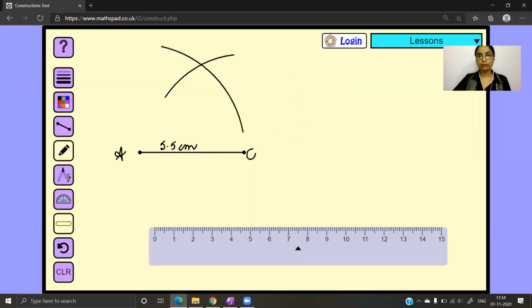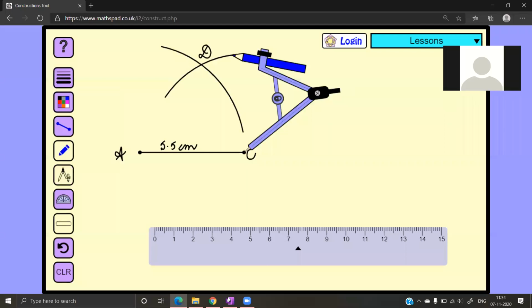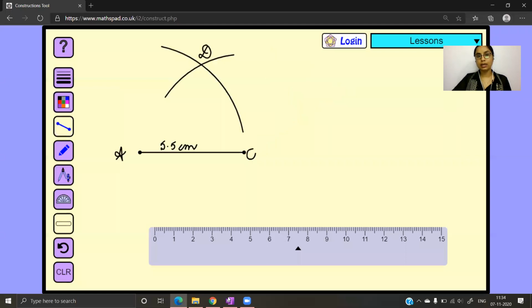And you obtain the point of intersection. This point of intersection will be point D, and then you can use your ruler to join points A with D and C with D. So line segment AD and line segment CD. Write down the measurements. AD was 5.5 centimeters and CD was 5 centimeters.